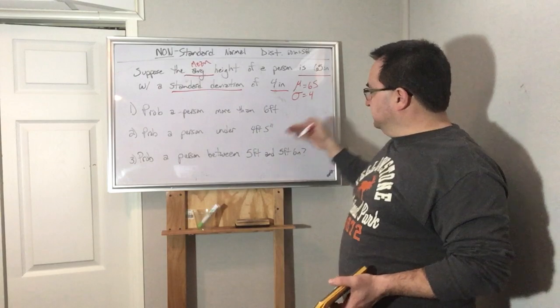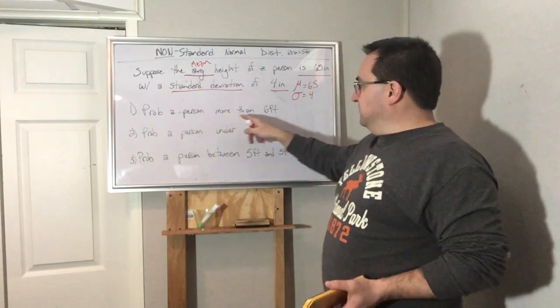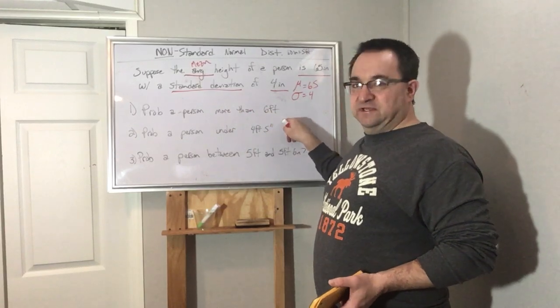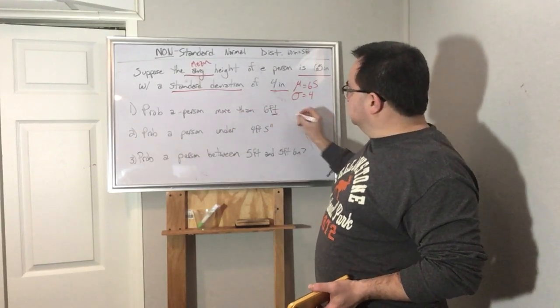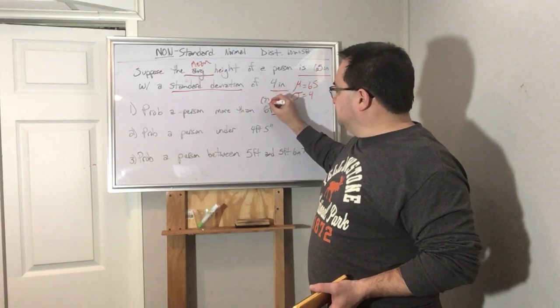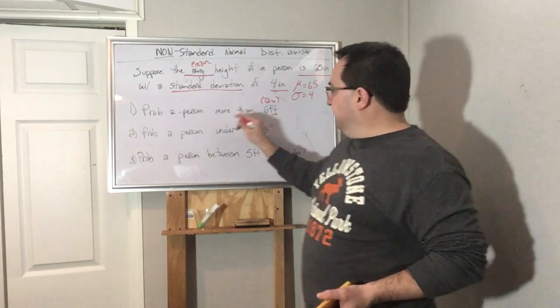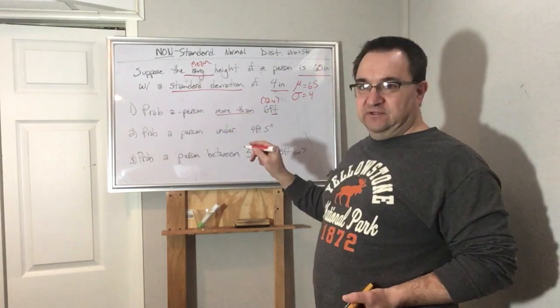So now we're going to answer these questions based on this. If I want to know the probability that the person is more than 6 foot, well, look, our units don't match, inches and feet. So 6 times 12, that's 72 inches. Now think about that. More than 72 inches.